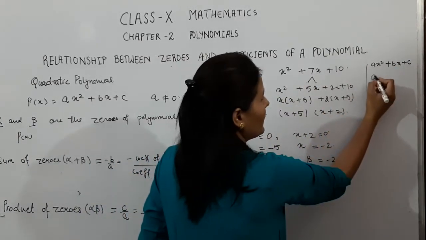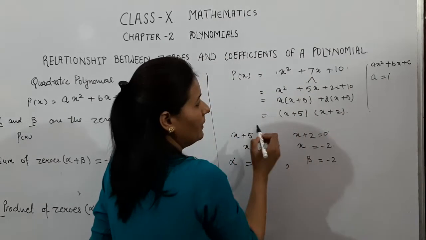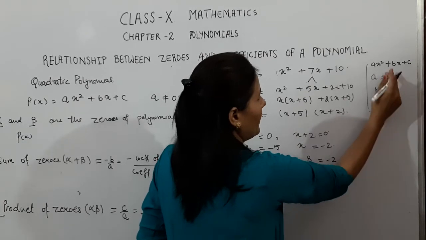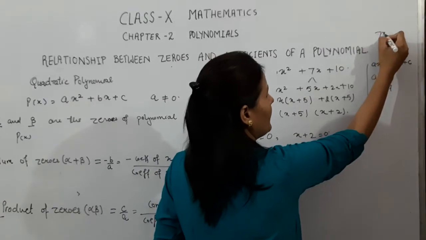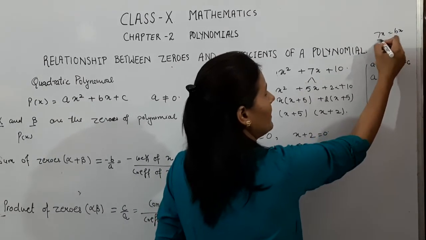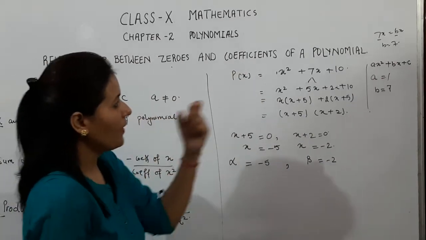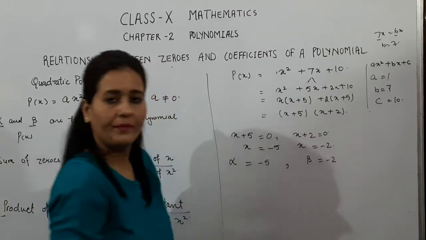Here a = 1. Compare this and this. Here it is 1. The value of b is 7; compare 7x with bx. b is 7. Now c is what? c is 10.